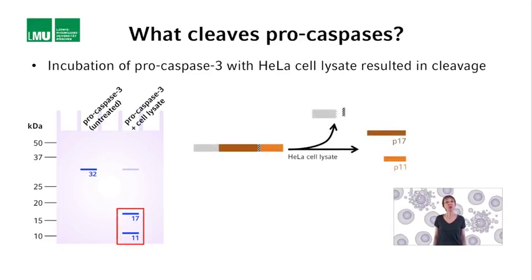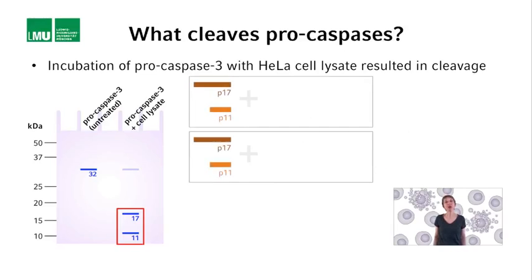To confirm that what had been generated through this cleavage in vitro indeed was the active enzyme, the active caspase, they incubated part of their cleavage reaction with either full-length PARP or with nuclei isolated from hamster liver.